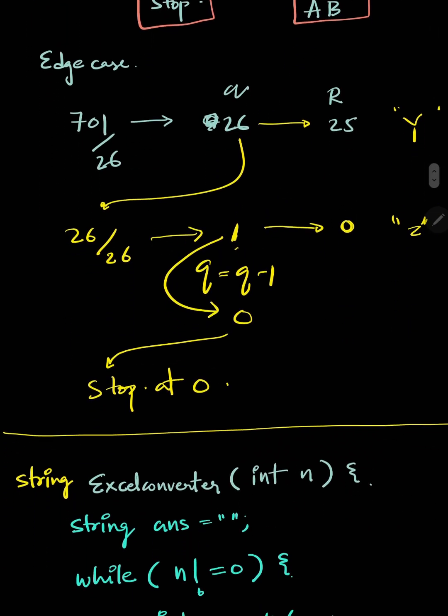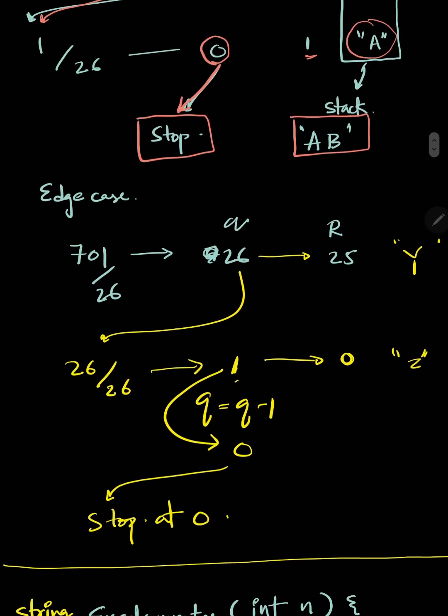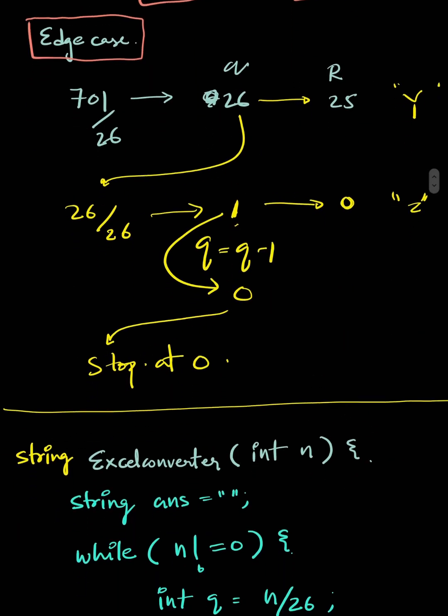Now that's good. Edge case. What is the edge case here? The edge case is usually dealt with by Z. We have some discomfort with Z. 701, let's see how that goes. 701 divided by 26: we get quotient 26, remainder 25. Remainder 25, that's fine. What is 25 denoting?